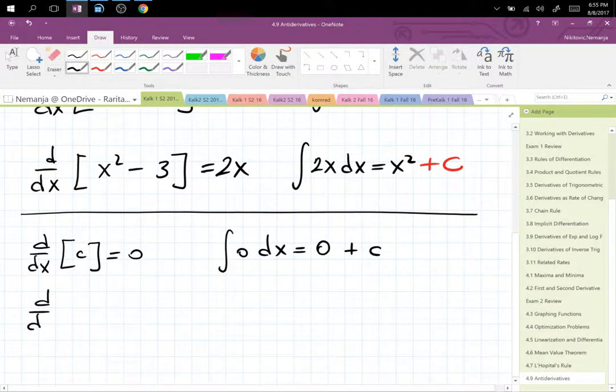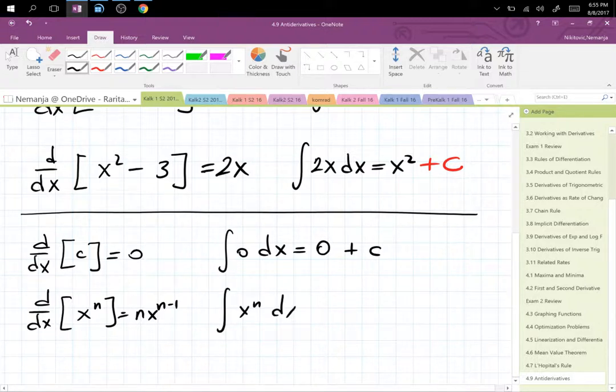You also learned that the derivative of x to the n is n x to the n minus 1. This is the only one that doesn't match what you're used to. It's x to the n plus 1 over n plus 1, plus c. So this one you have to memorize. That's fairly new.